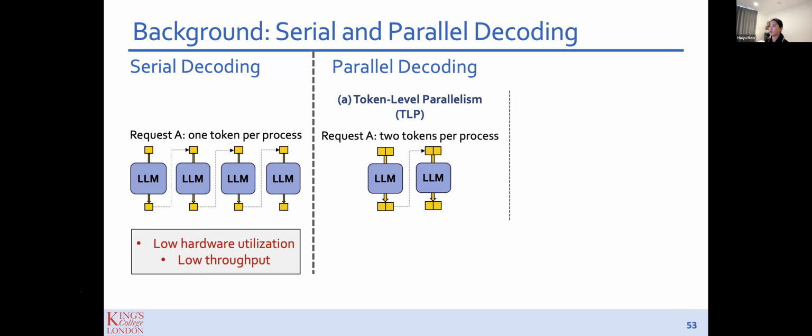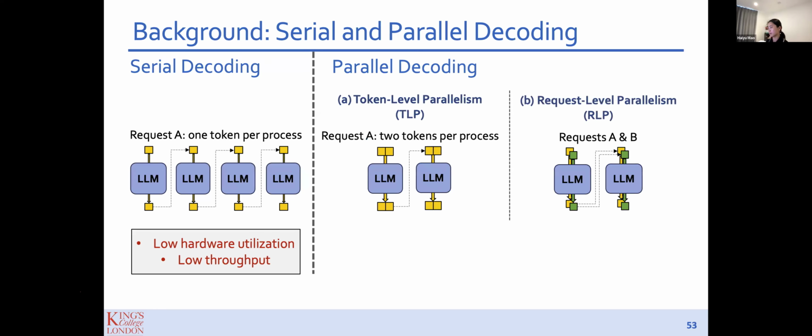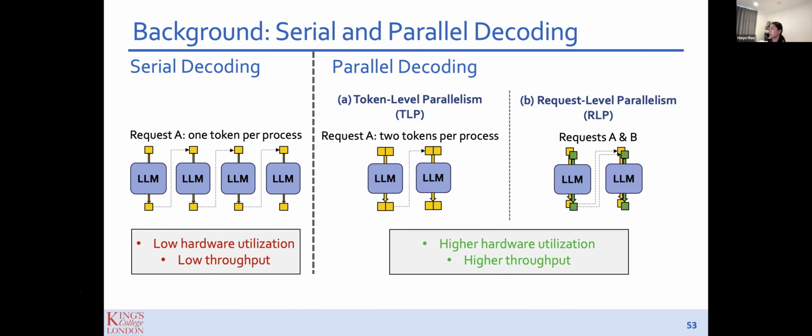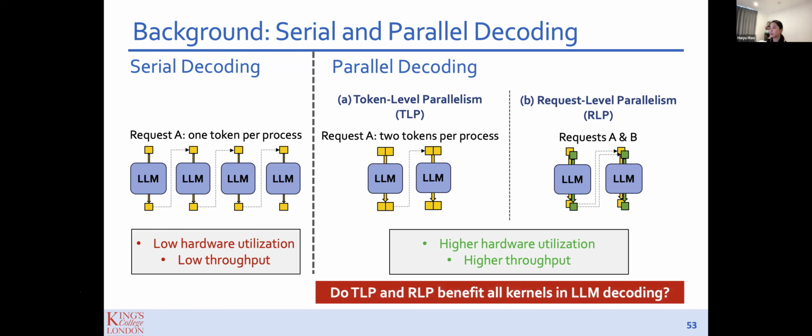The first one is token-level parallelism, TLP, where we have a request and we generate two tokens per process. And we have request-level parallelism, which we call ILP. We have two requests and we generate them in parallel. Both parallel decoding approaches have higher hardware utilization and higher throughput compared to serial decoding.